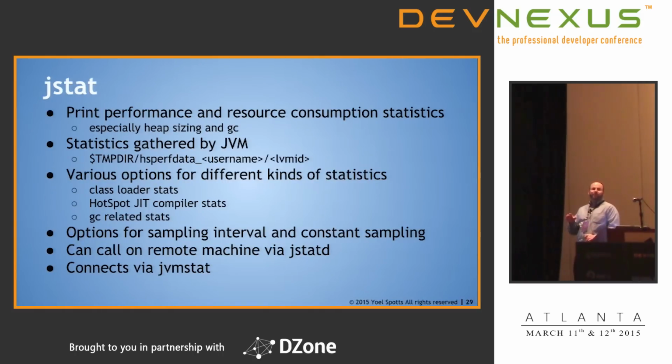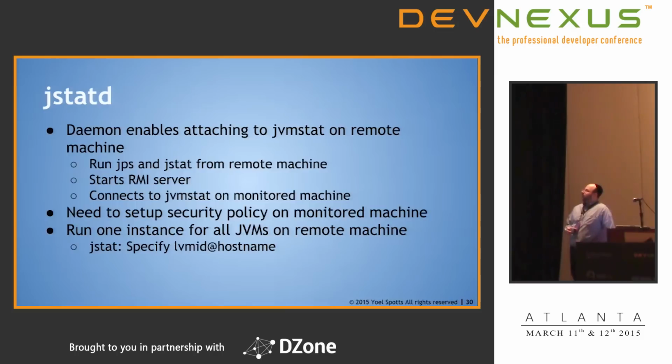Again, this shows the information that's monitored by the JVM and contained in that file that I showed you before. There are class loader statistics, compiler statistics, garbage collector statistics, and you can also do sampling at a certain interval. When we get to the demo, I'll show you a little bit of that.